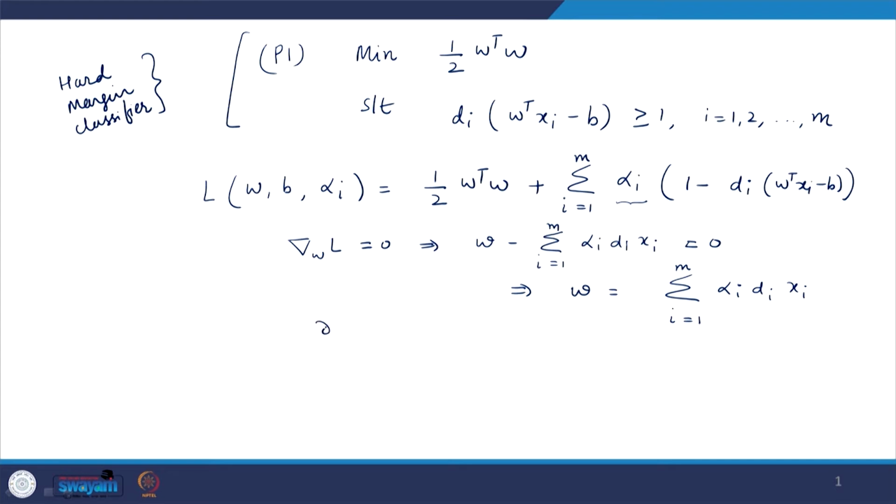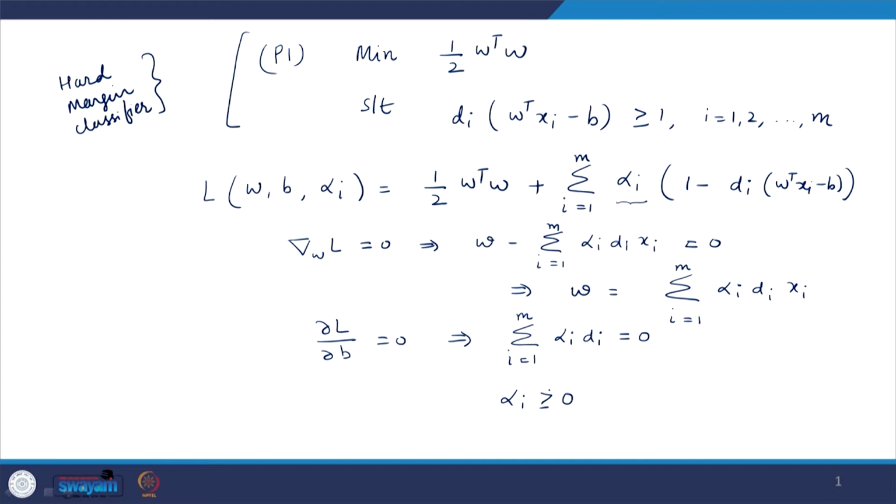Next, you can take del L by del B equal to 0. If you differentiate with respect to B, you will get summation i from 1 to m alpha i di equal to 0. This is the second KKT condition, and of course, alpha i should be non-negative, as Lagrange multipliers are non-negative.